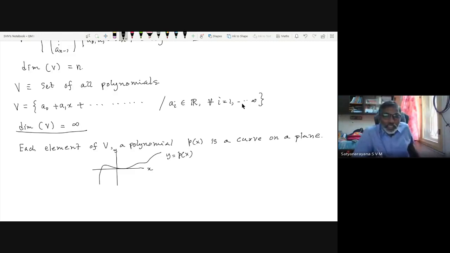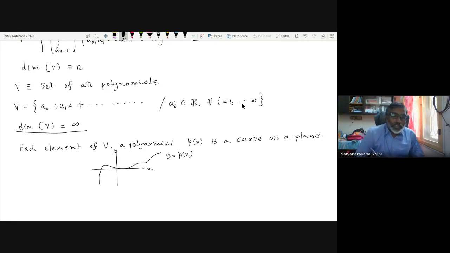It is in this sense that we have to deal with infinite dimensional vector spaces in quantum mechanics, even though we are talking about a particle in a box, which is a one-dimensional problem, or an electron in a hydrogen atom, which is a three-dimensional problem.